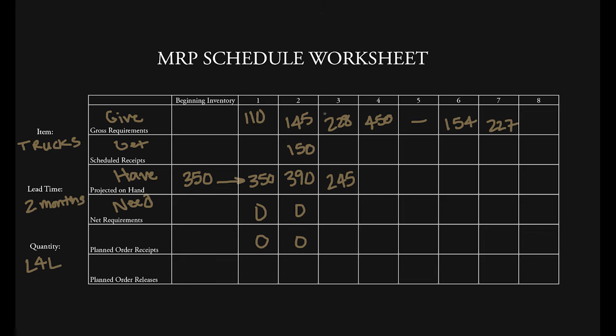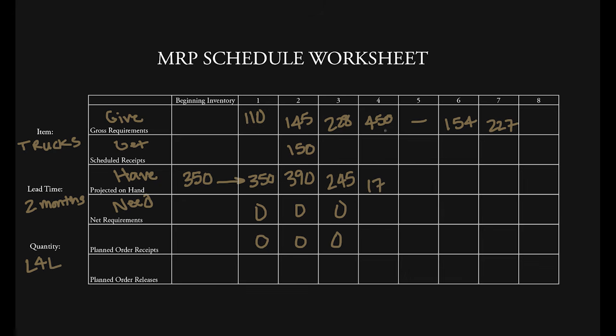We subtract the 228 that we give away from the 245 that we have. That leaves us still with a positive number, leaves us with 17. We don't need any materials, so we're not going to order any materials. We're just going to leave us with 17 trucks on hand for month 4.